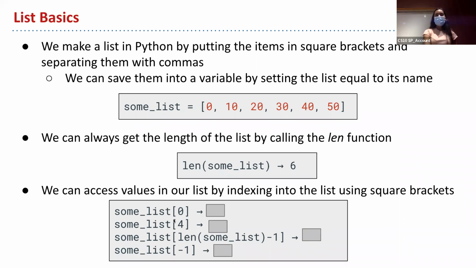So if we have some list and then square brackets 0, what is this going to output? 0, right? And then if we do some list of 4, what is that going to output? Okay, so we start with 0, so this is going to be 0, and then 1, 2, 3, 4. So it's going to be 40.